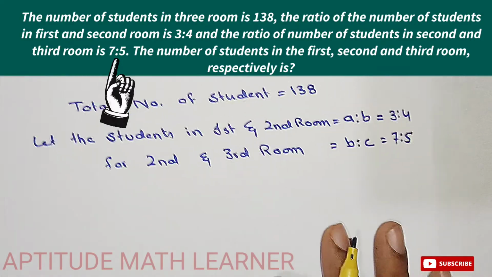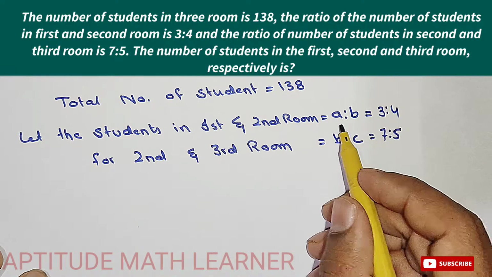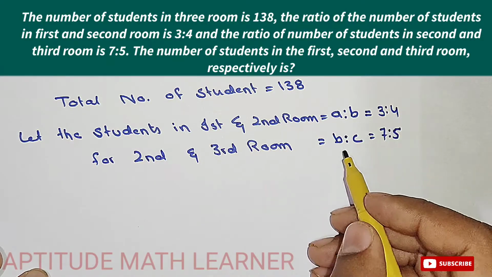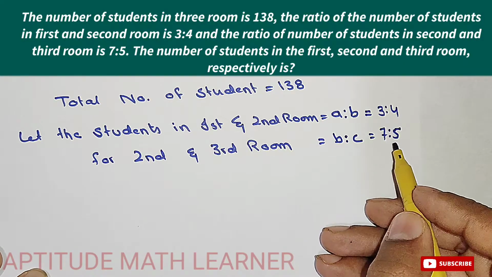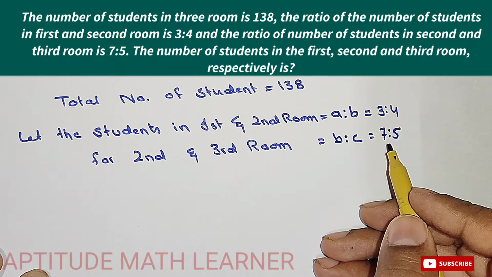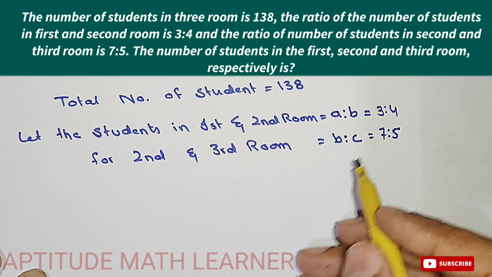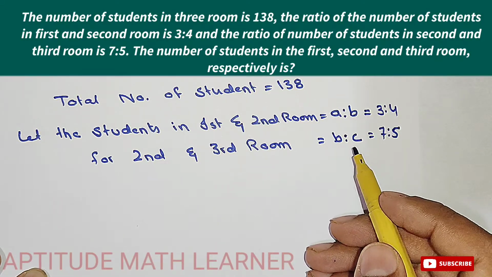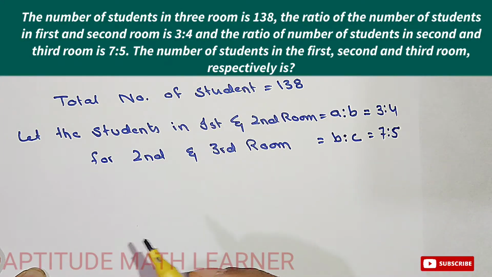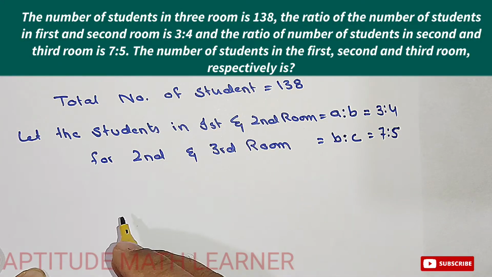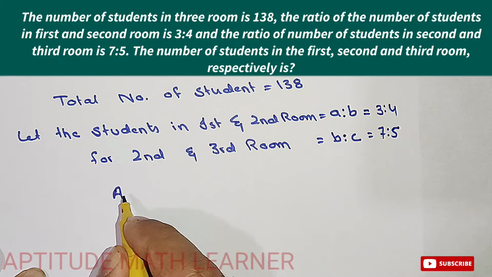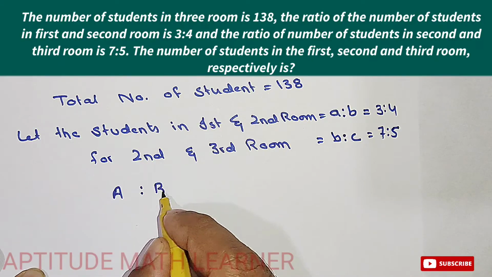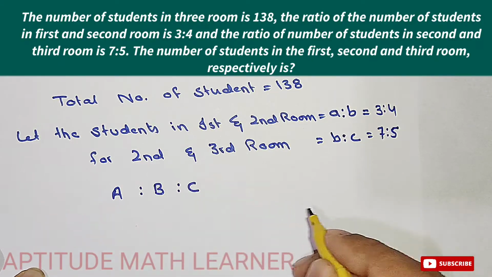So we have just taken the ratio A:B as 3:4, and B:C as 7:5. The next thing we have to do is find out the ratio for A, B and C. So this is A ratio, B ratio, C ratio.